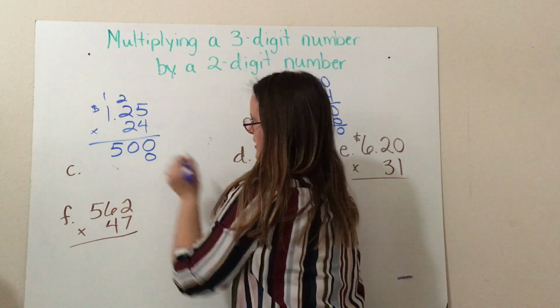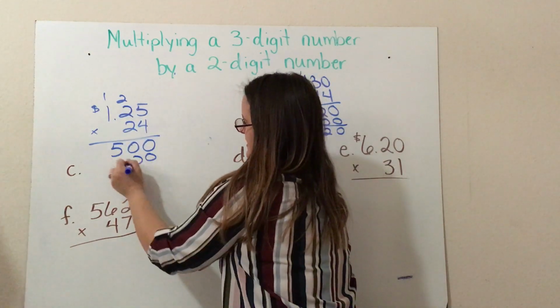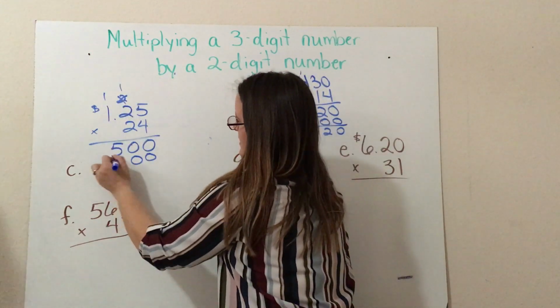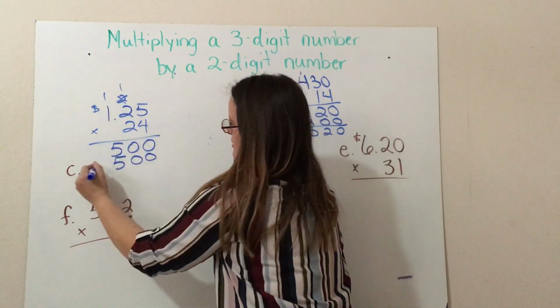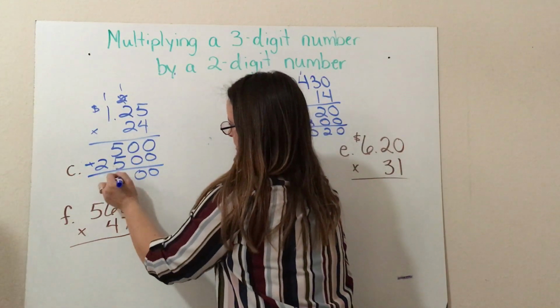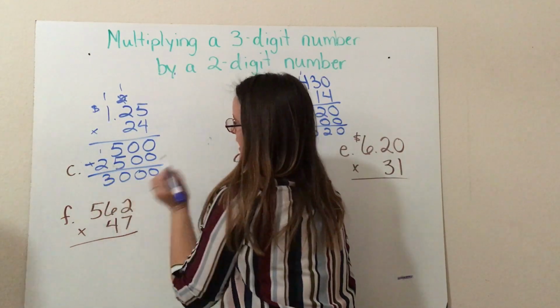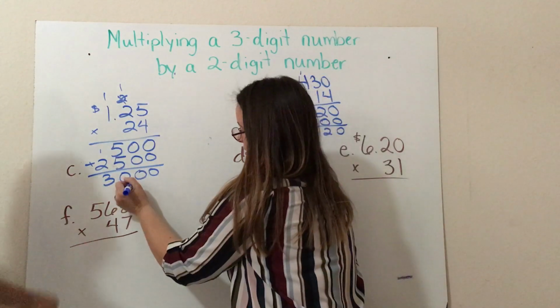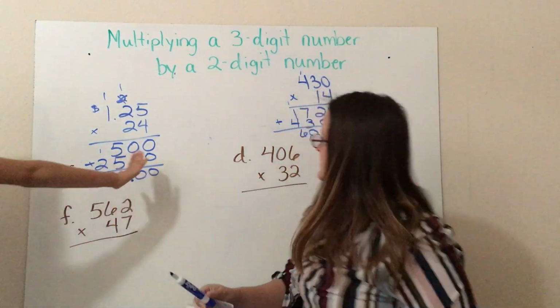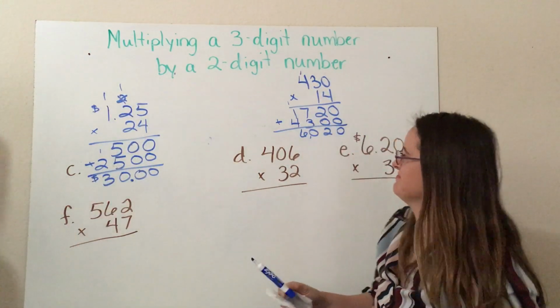Don't forget my 0 there. 2 times 5 is 10. 2 times 2 plus 1 is 5. 2 times 1 is 2. We add these. And now we can go back and put in our dollar sign and decimal point for an answer of $30. That seems like a lot anyway.